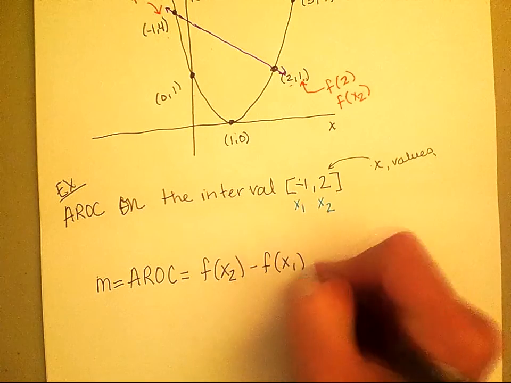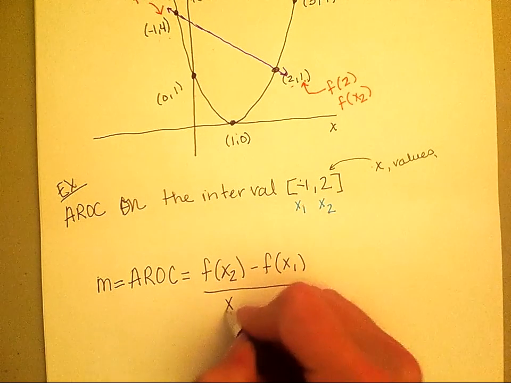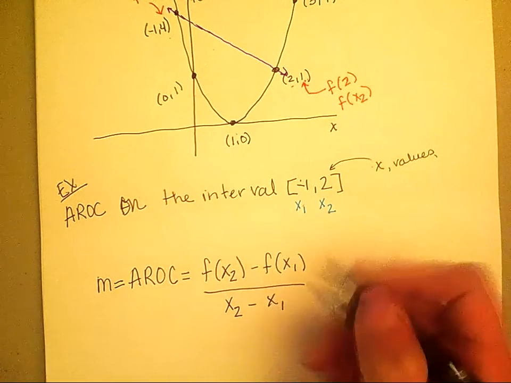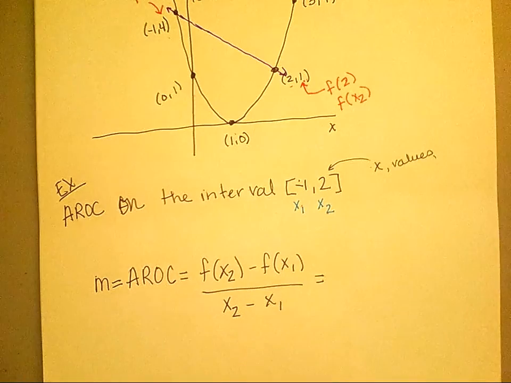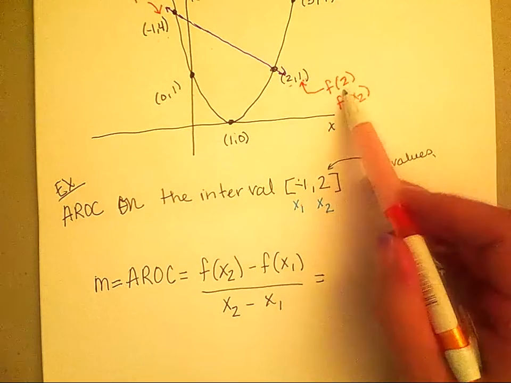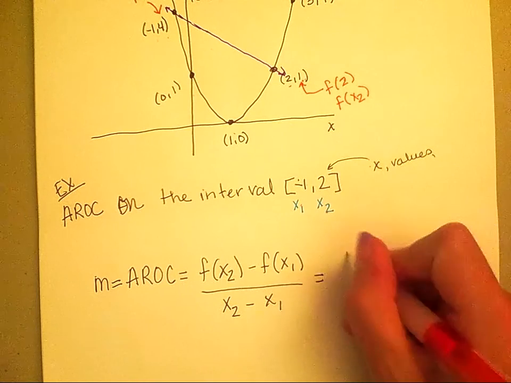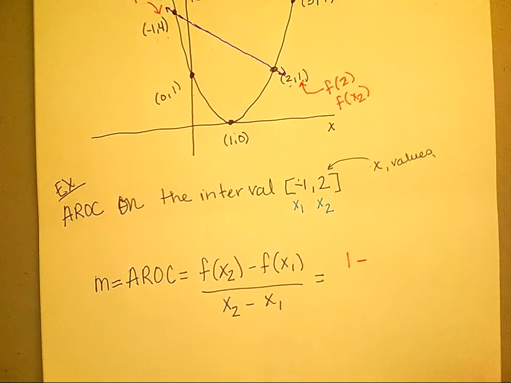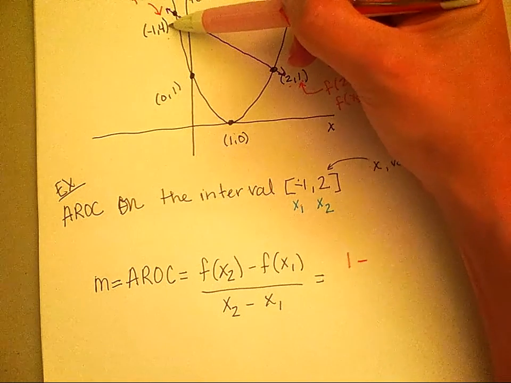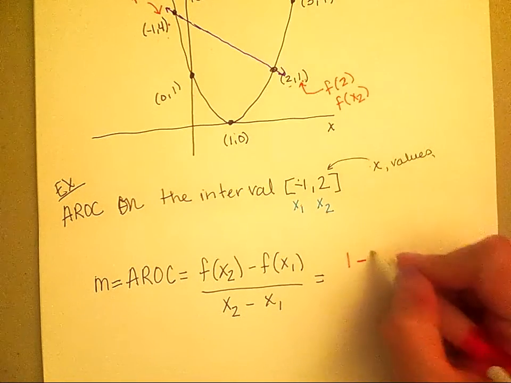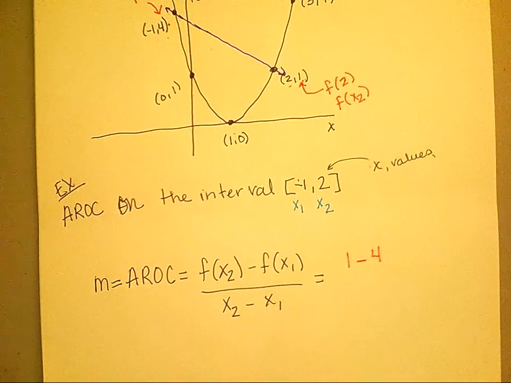Okay, so here we go. Slope is the average rate of change. Okay. It is the function evaluated at x2 minus the function evaluated at x1 divided by x2 minus x1. Well, f of x2 we said was 1.